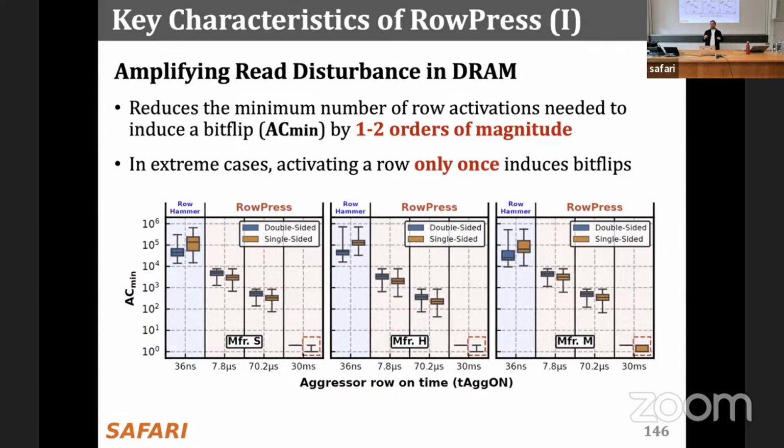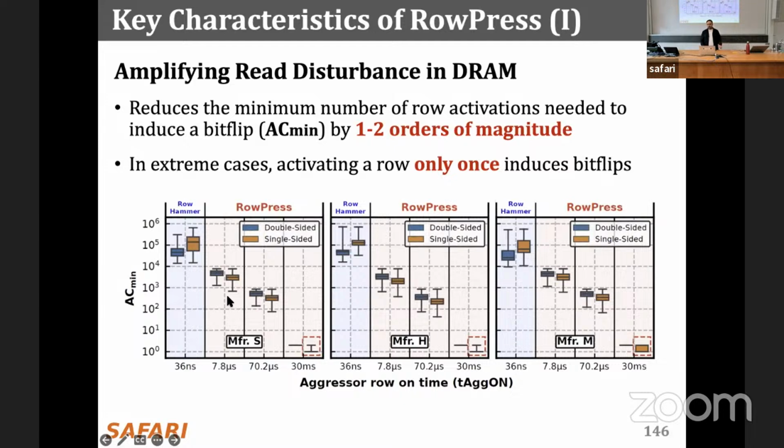And it's an educated choice, actually, because 7.8 microseconds is, in these DDR4 modules, the time interval between two refresh commands. When a refresh comes, you need to close the row so that you can perform the refresh operation. That's why 7.8 microseconds is an important point. At 7.8 microseconds, we can reduce the activation count from tens of thousands to single-digit thousands.